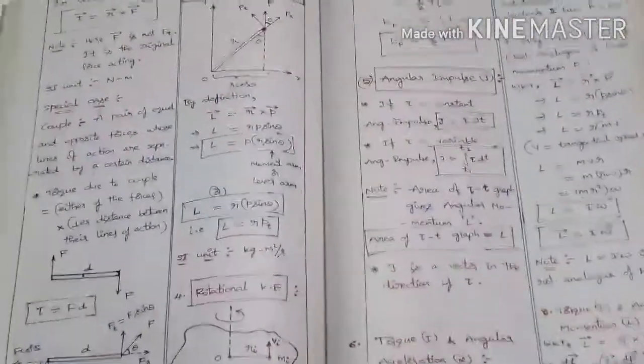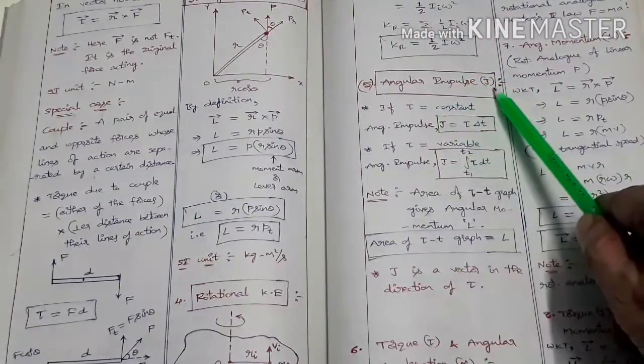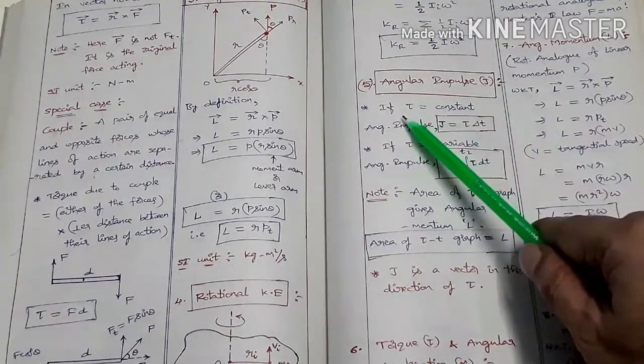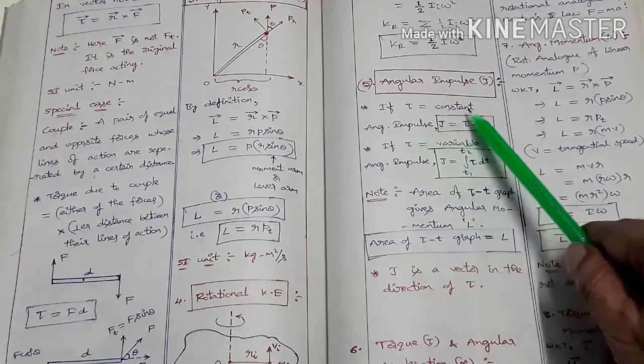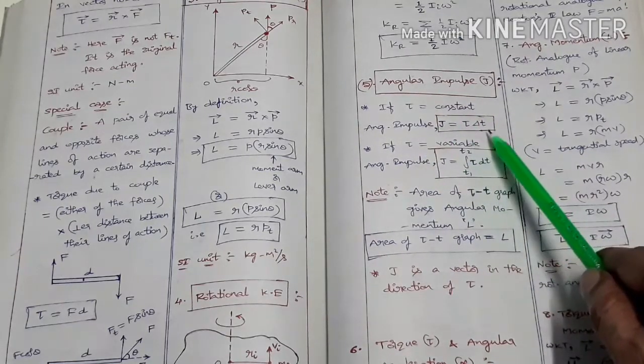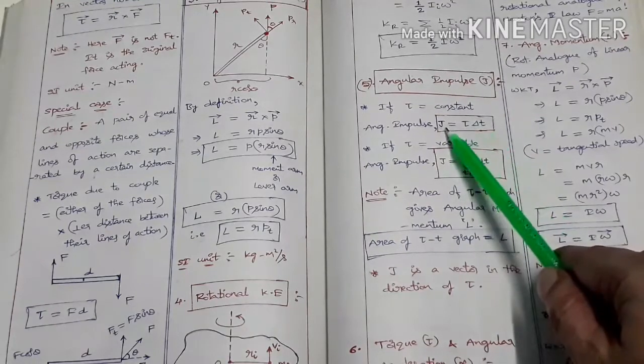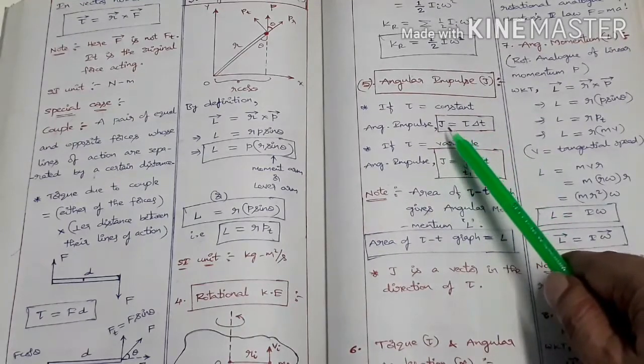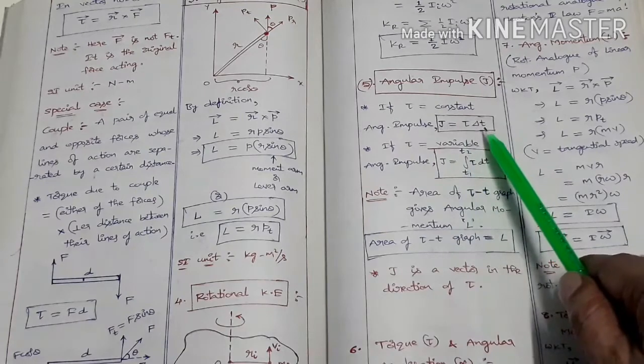Okay. Next, angular impulse J. If torque is constant, angular impulse J equal to tau delta T, just as linear impulse equals force into time.